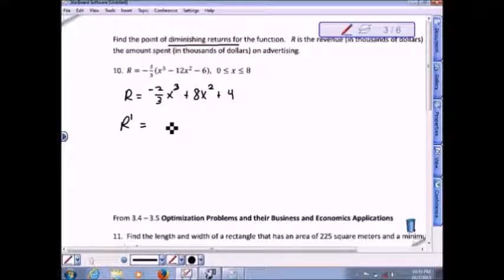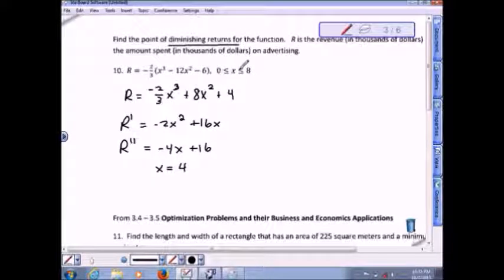R prime then is negative 2x squared plus 16x. And the second derivative is negative 4x plus 16. Now this is going to equal 0 when x is equal to 4.